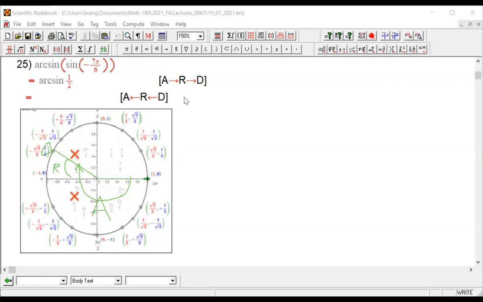So for the positive half, only one angle corresponds to it because this is a one-to-one function. So we have no choice but taking this angle. How is this angle measured? From the standard position counterclockwise. So that's the DRA. Do you follow me?